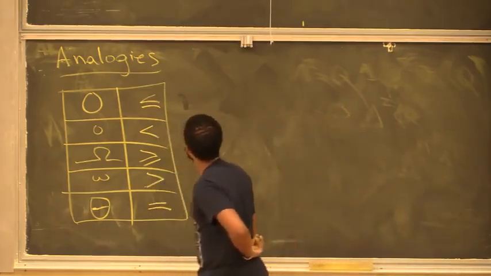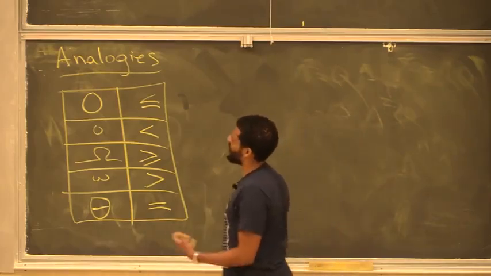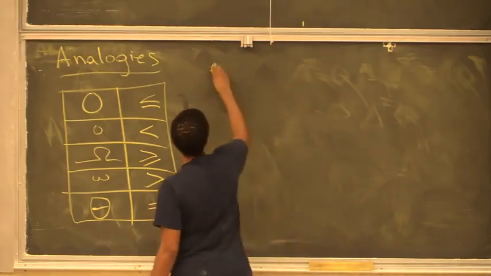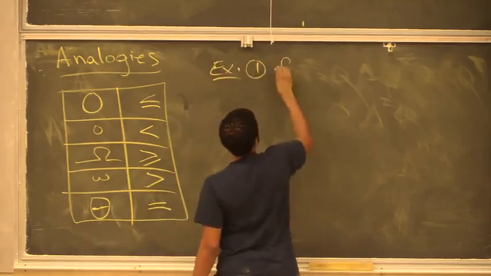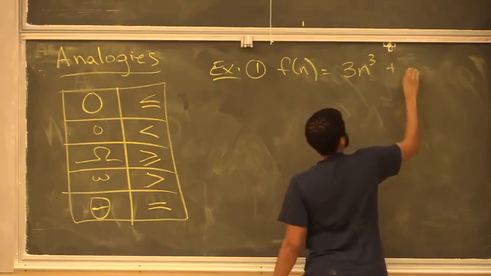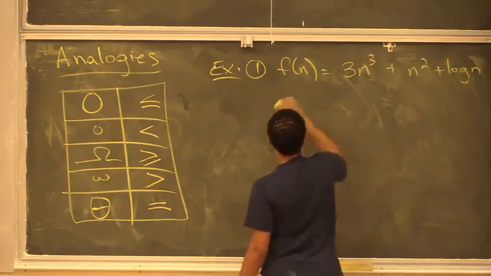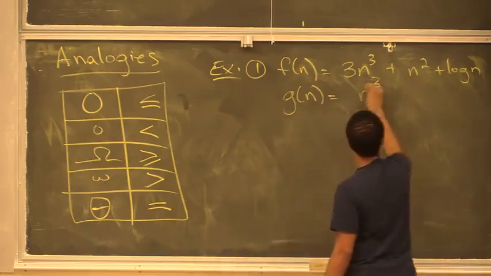Now, just in terms of how you can see whether or not something is big O, let's say, for example, f of n is 3n cubed plus n squared plus log n, and let's say g of n is just n cubed.